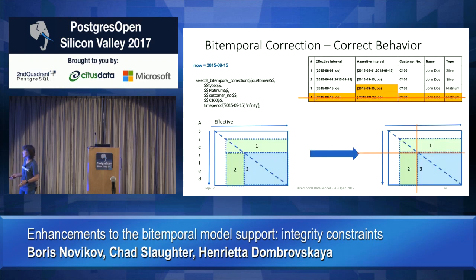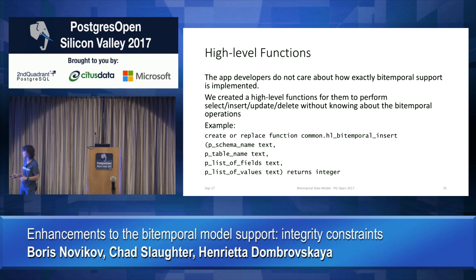So now, again, the correct behavior looks like this. If we find that we are trying to correct the record which was just inserted with the same asserted start, then we do not insert a new record, but instead we correct this record. So in this situation, there would be no sign of somebody being gold, he'll be platinum right away.